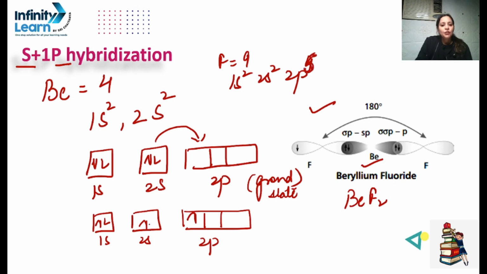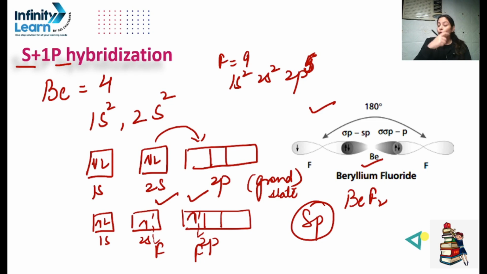So when it approaches, these orbitals are available, and this kind of bond formation occurs. Here one s and one p are participating, therefore the hybridization is said to be sp hybridization.